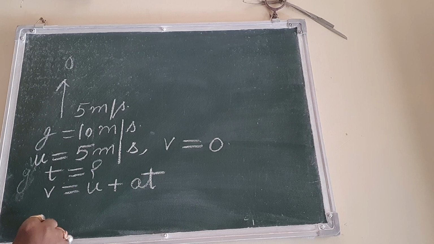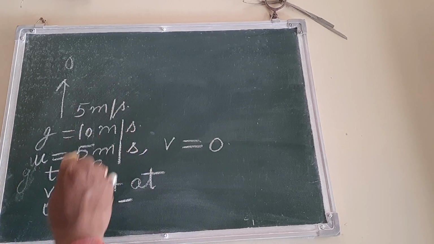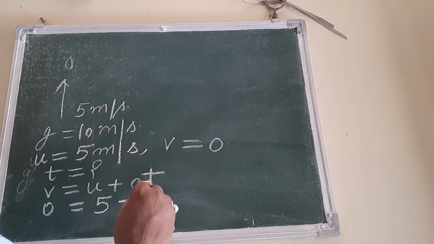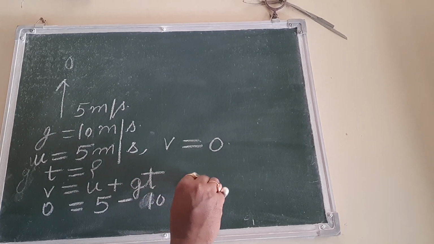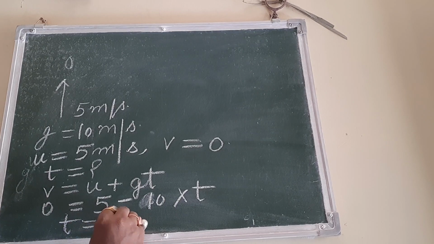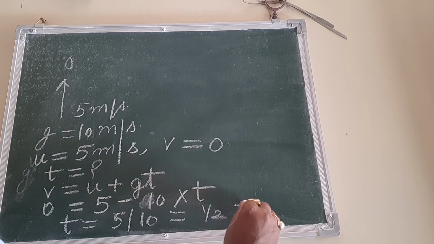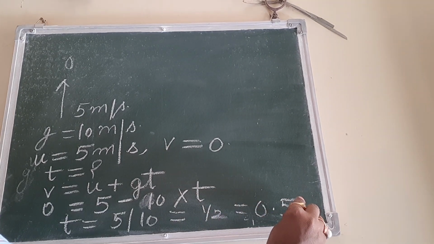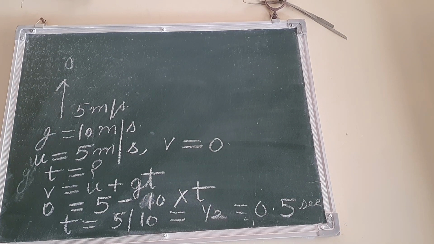Substituting the values, 0 is equal to 5 minus 10 into t, as gravity acts opposite to the upward direction. So t is 5 upon 10, so it is 1 by 2, so it is 0.5 seconds. So the ball is going to reach the highest point in 0.5 seconds.